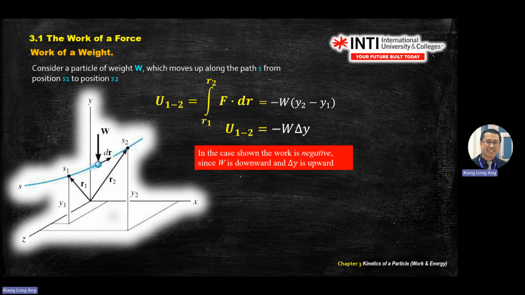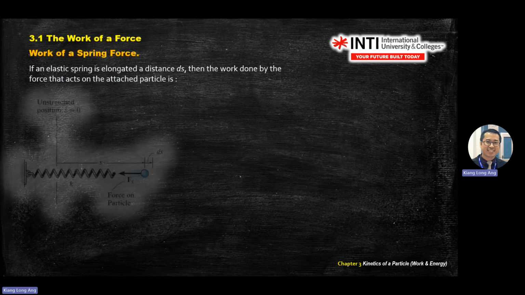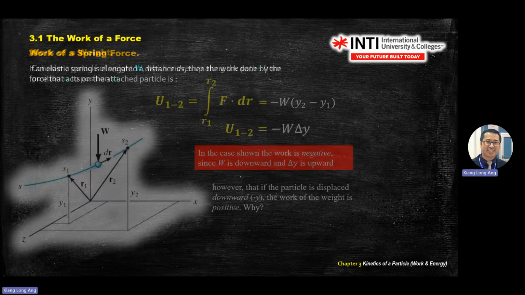The object is going up, so the force and the distance traveled are in opposite directions. Then you get negative work. That is the concept. As long as both go in the same direction, it gives you positive. Opposite directions give you negative work. That is the concept. Okay, this one I already explained. We are done with the weight.